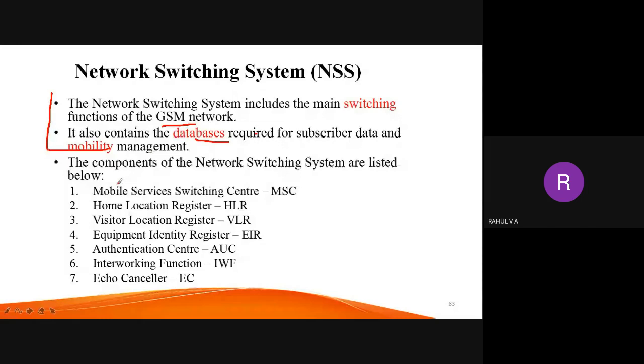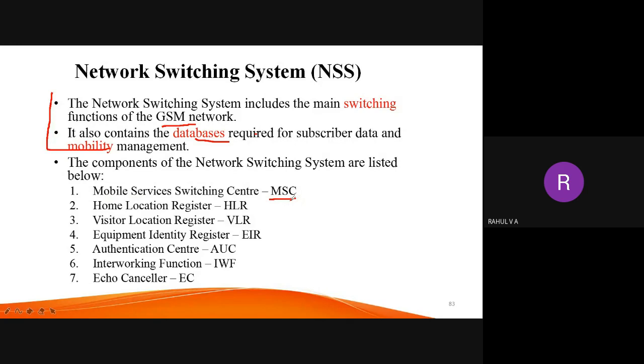Okay, so what this NSS actually has is explained here. First one is Mobile Service Switching Center, that is MSC. This is a very important part of the NSS, Network Switching System.